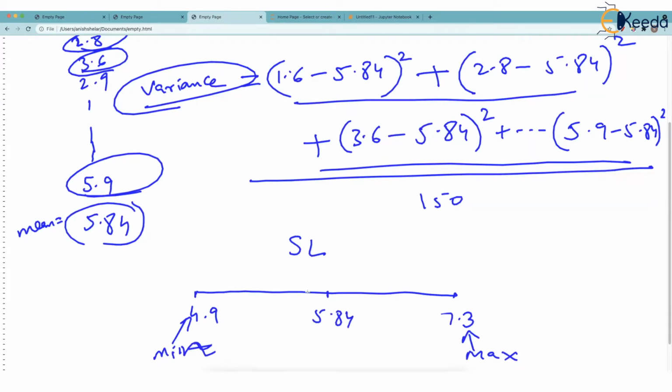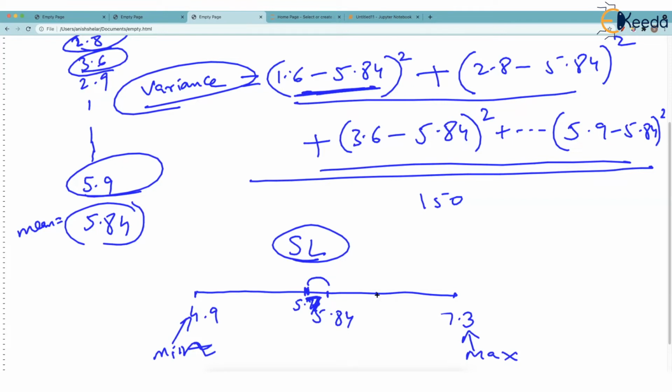Now just consider some SL which has value 5.7, let's say. That is in one of the columns, the value of SL is 5.7. What is this difference doing? It is taking this value of SL, subtracting it from mean and squaring it.